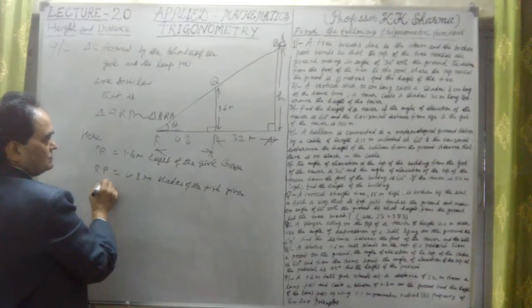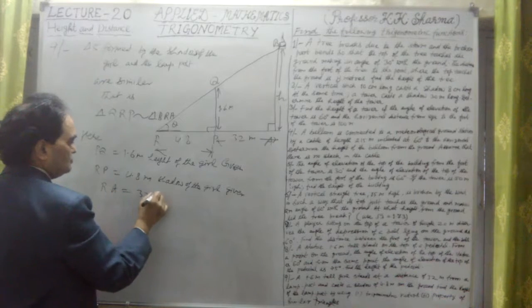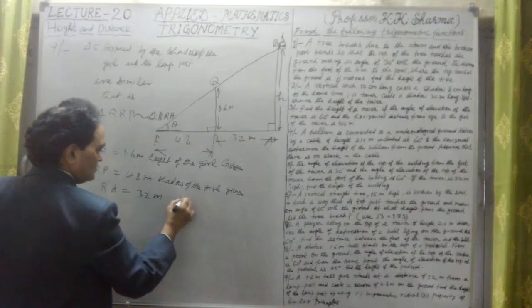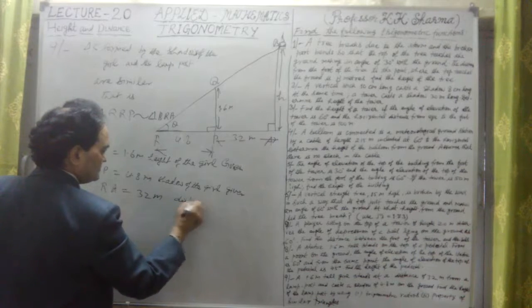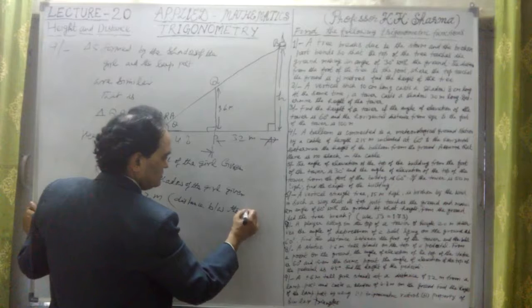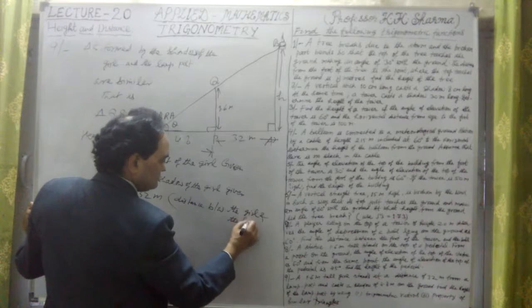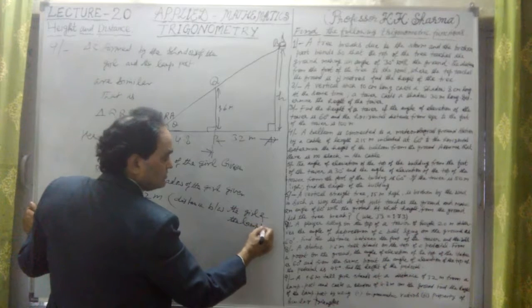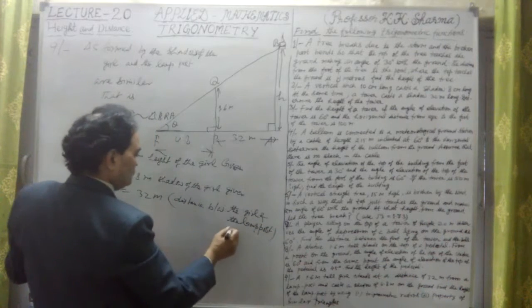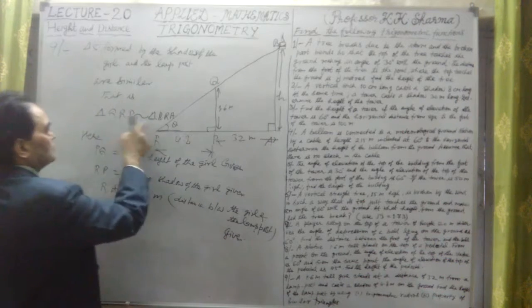Okay, and PA is equal to 32 meter. This is the distance between the girl and the lamp post. It is also given. So these two triangles are similar triangles.